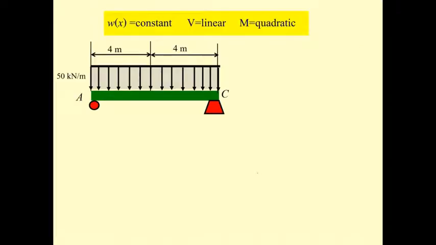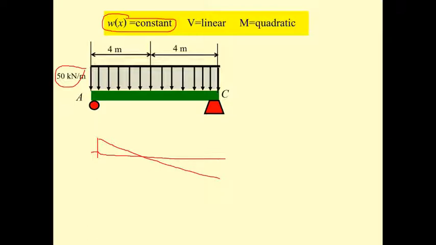And next example, when the W is constant, this constant of 50 kilonewton, the shear is going to be linear, if you may recall. If you draw it like this, the shear is going to be something similar to this, a linear function.